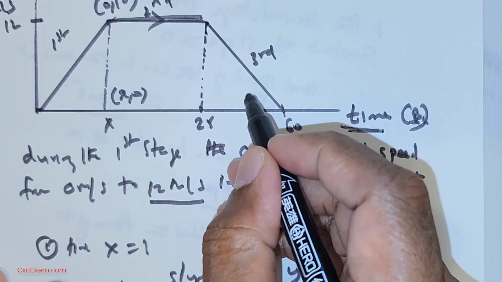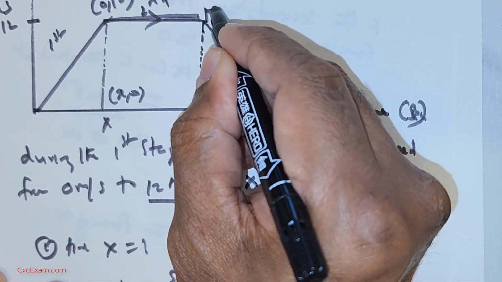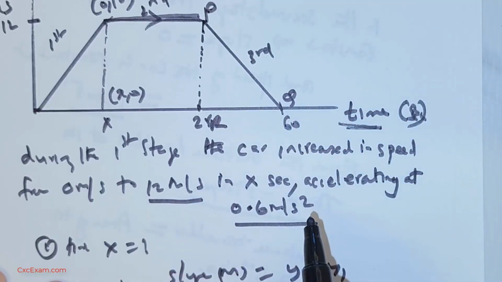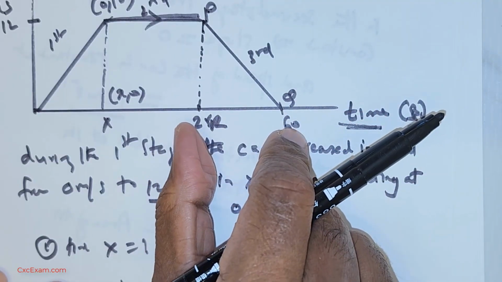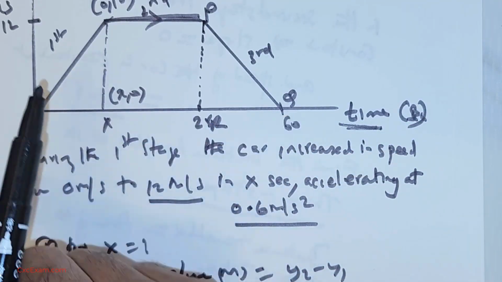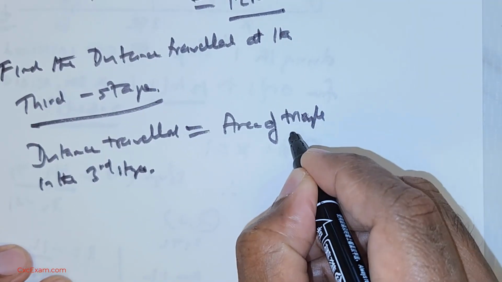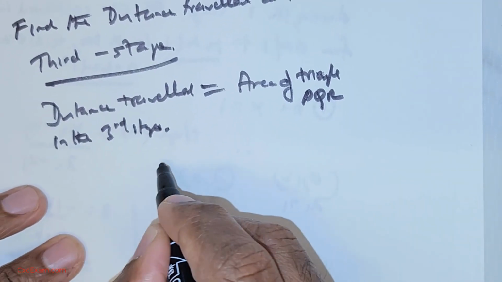Let me name it as, say, PQR. So I need to get this base. So this base is nothing but from 60 I take away 25. So this is going to be area of triangle PQR.